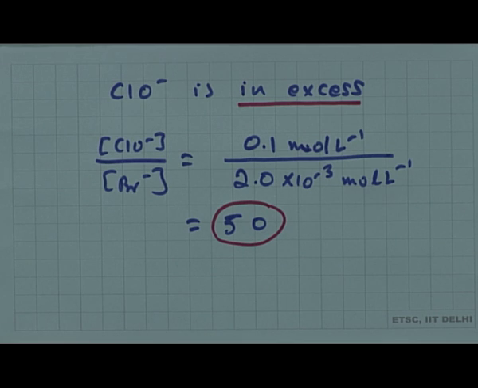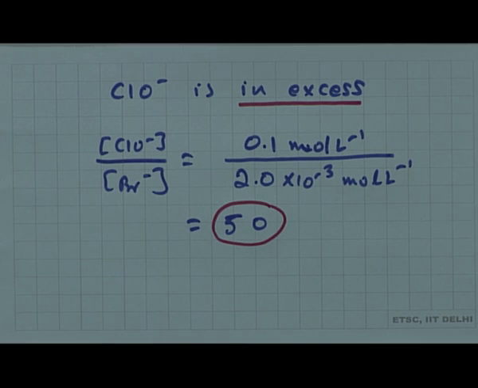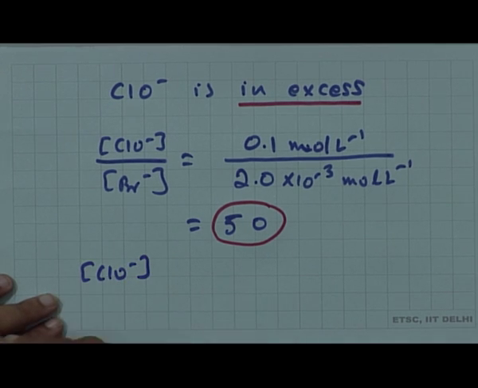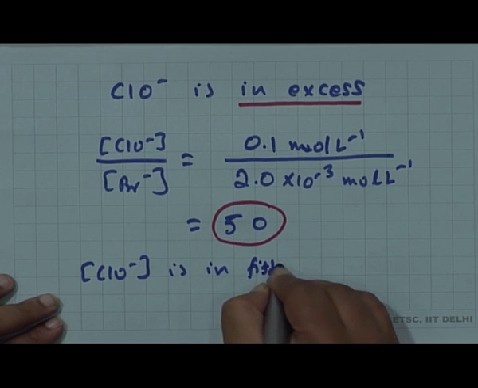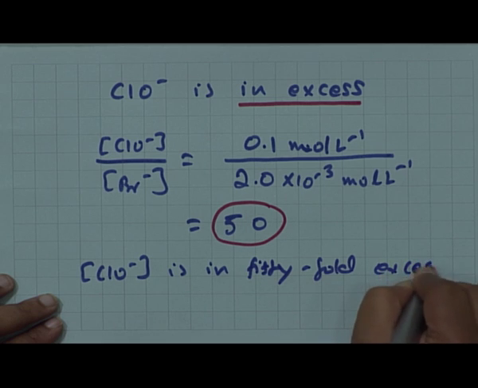What does it say? What it means is, see, it said that ClO minus is in excess. That means ClO minus is in 50 fold excess. Okay.